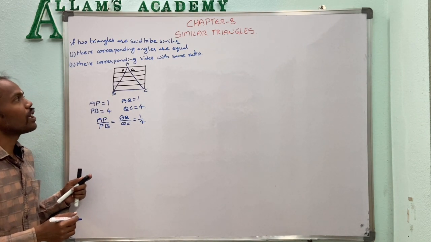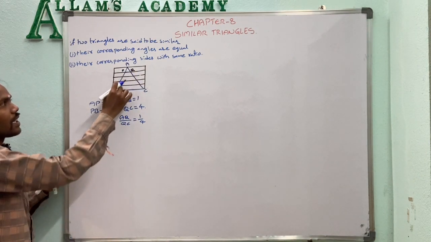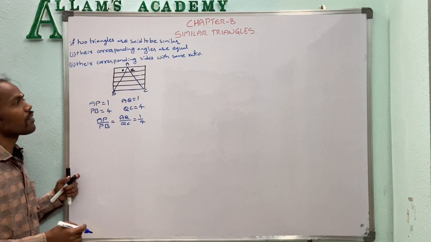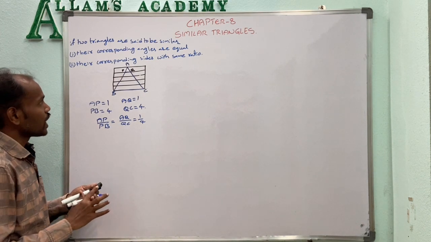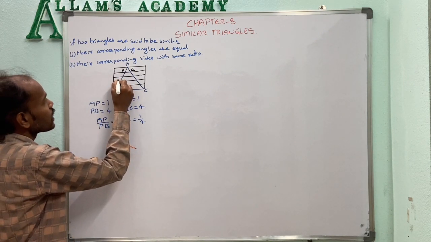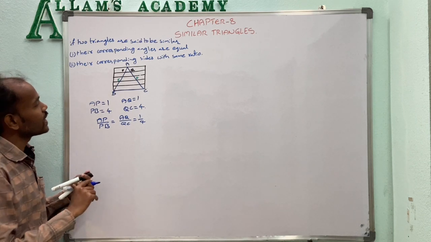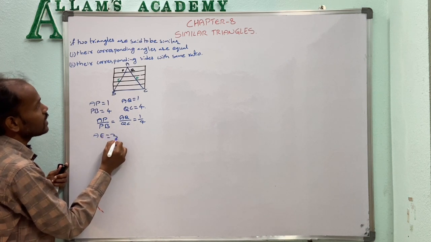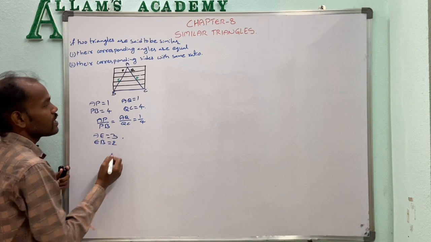Now the drawn line segment PQ, how will it be with respect to BC? It will be parallel. Similarly, if we take points E and F, AE is 3 parts and EB is 2 parts.